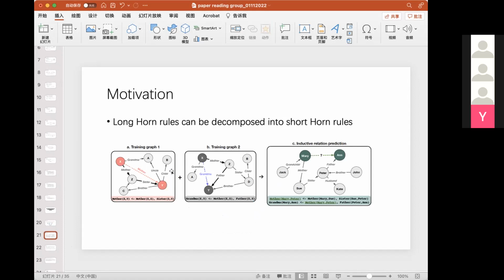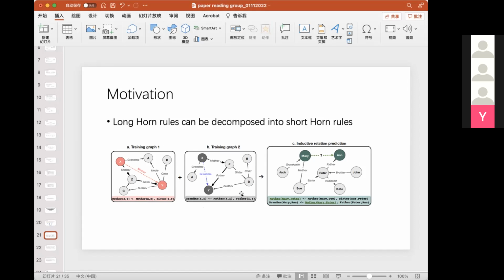For example, we have training graph 1. Based on the data in training graph 1, we can infer the rule: mother(X, Z) and sister(Z, Y) can infer mother(X, Y). By observing training graph 2, we can infer the logical rule: mother(X, Z) and father(Z, Y) can be used to infer grandma(X, Y).